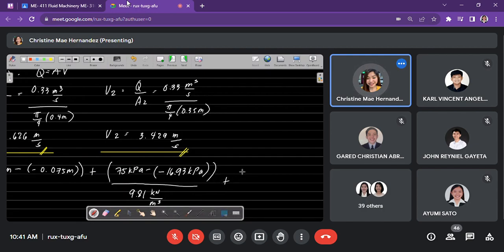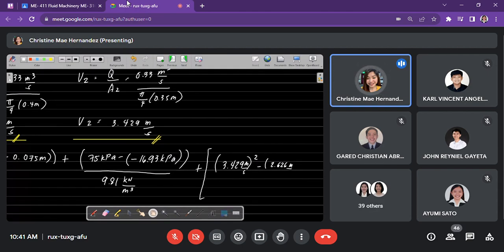Plus yung ating velocities na kinompute kanina. So, V2 na 3.429 meters per second squared, minus yung ating velocity 1 na 2.626 meters per second squared, over 2 times gravitational acceleration na 9.81 meters per second squared.